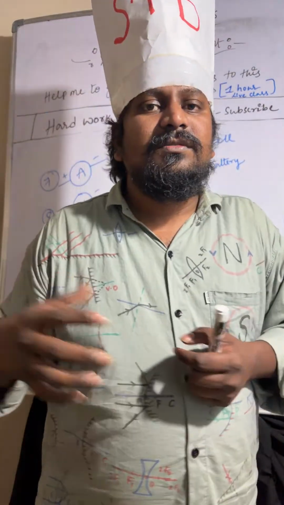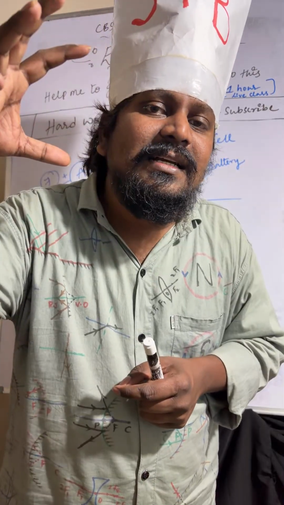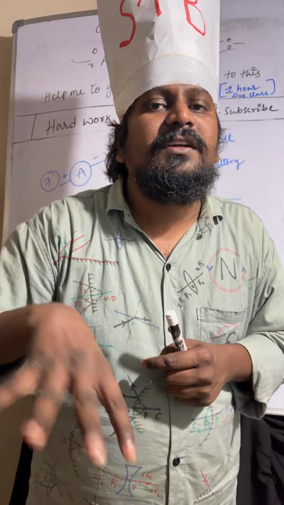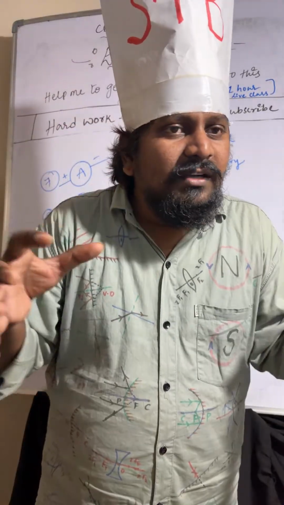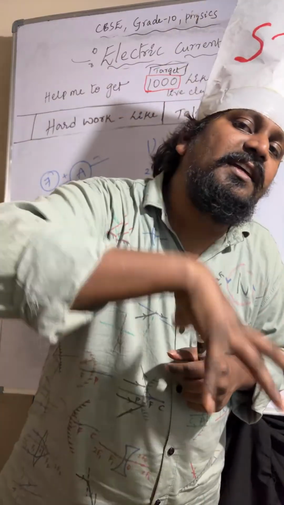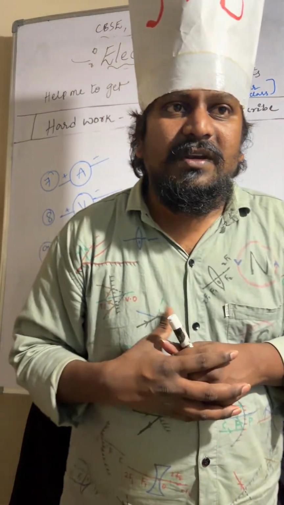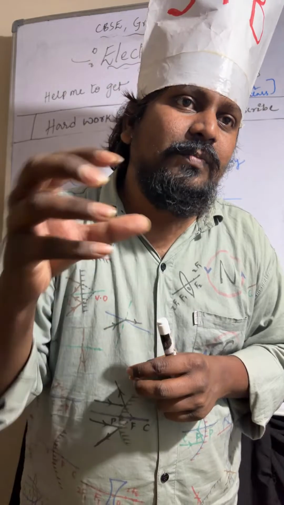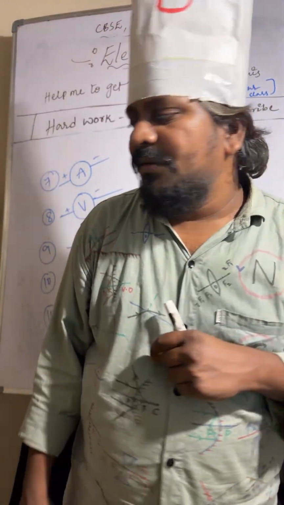Same current will go. That's why ammeter is used to measure current, connected in series combination to the circuit. Voltmeter is a device which is used to measure the potential difference that will be connected in parallel combination.